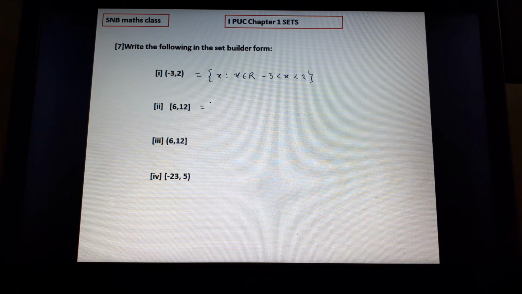Same way here I have to write x such that x belongs to R, then 6 ≤ x ≤ 12 because it is closed. Students, please note, sometimes by mistake students write here x belongs to N. In that case it becomes a finite set. So you should write x belongs to R because it is a subset of reals. So you have to write this one. These two same way you can try yourself.